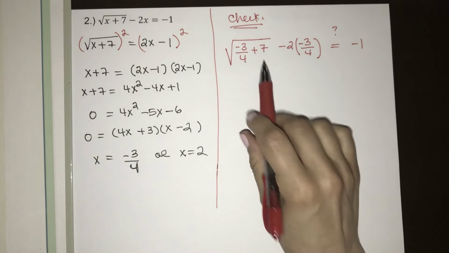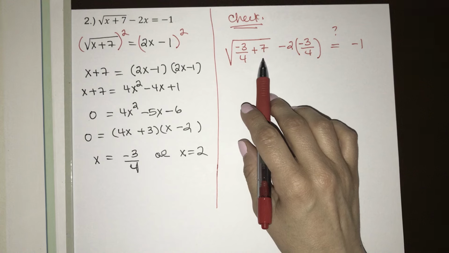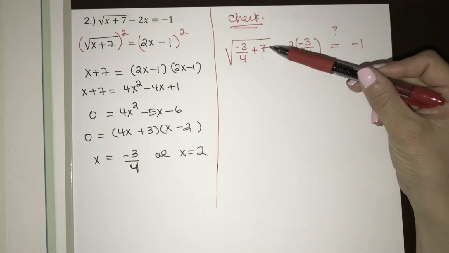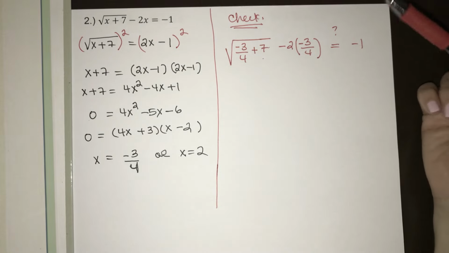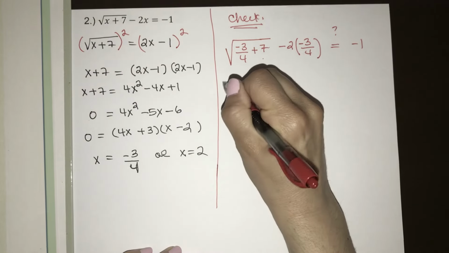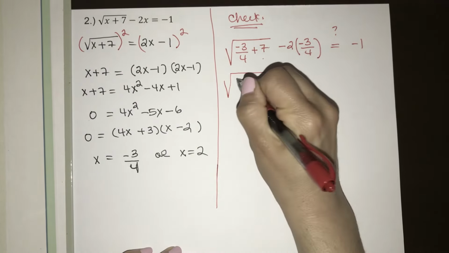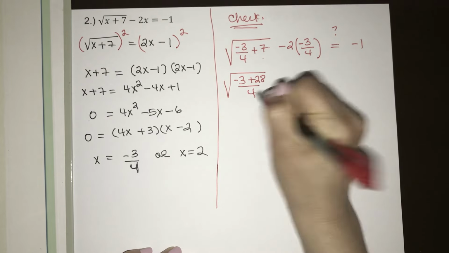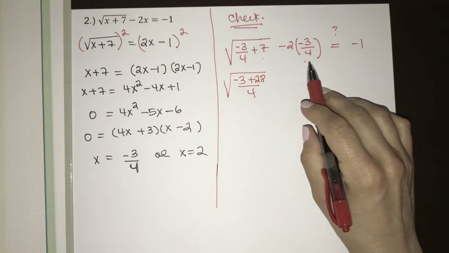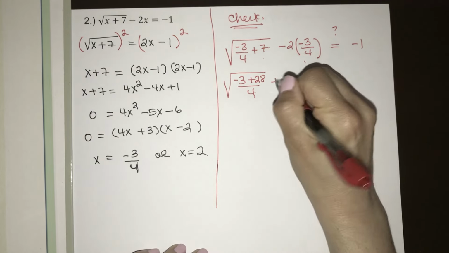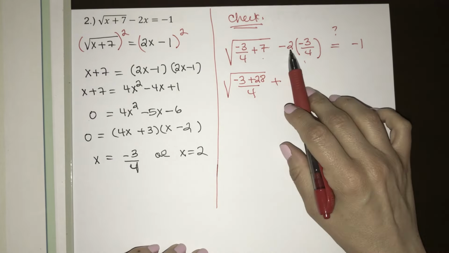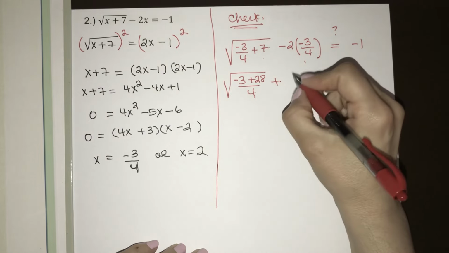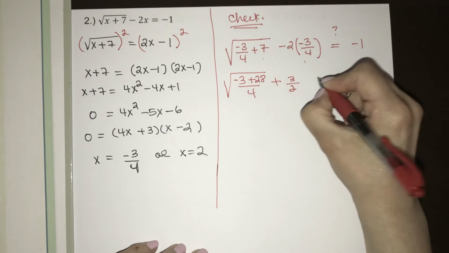All right, so right here, I need to get a common denominator. So we have to multiply by 4 over 4. The 7 over 1, multiply by 4 over 4. And if you do that, we get negative 3 plus 28 over 4. And right here, we're going to simplify this to plus, and then I could reduce 2 and 4, so I just get 3 over 2.